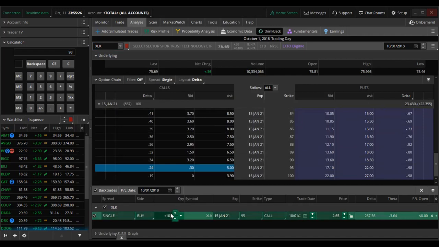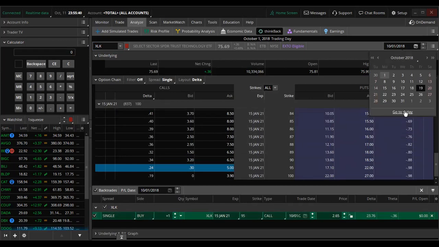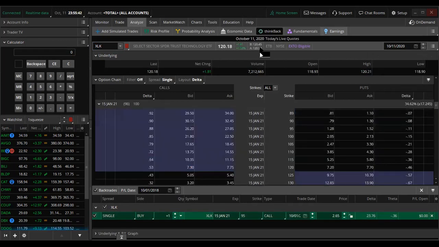So now what we will do is take a look and see how much this contract is worth in today's dollars 2 years later. Right now, this contract is between $21.80 and $22.50.